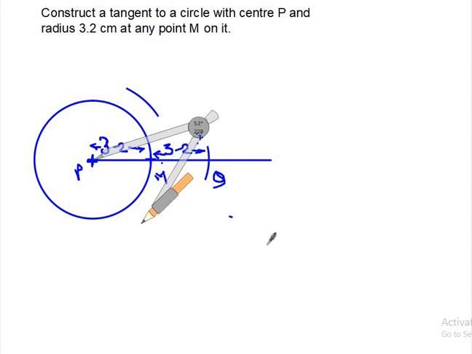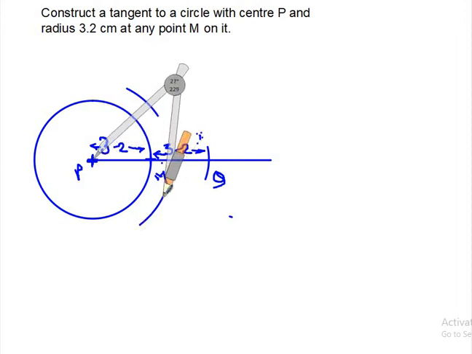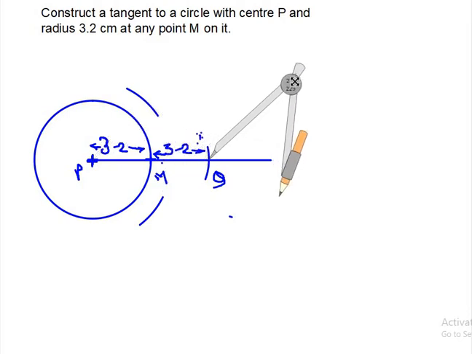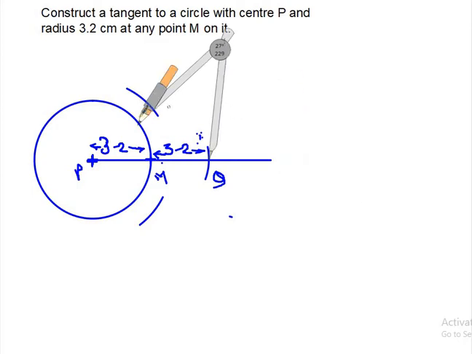Bring the pencil below point M and again make another arc. Now next step is that you bring the steel point at the point Q. Same distance, I have not changed the distance yet. Remember this thing. Don't change the distance here.